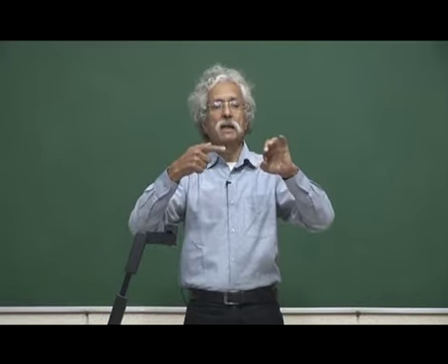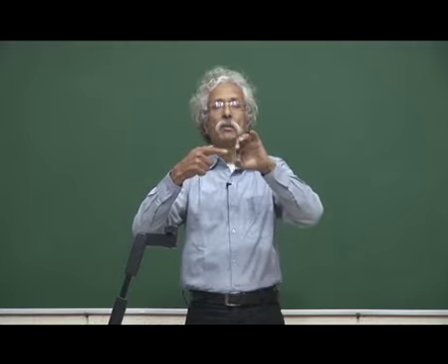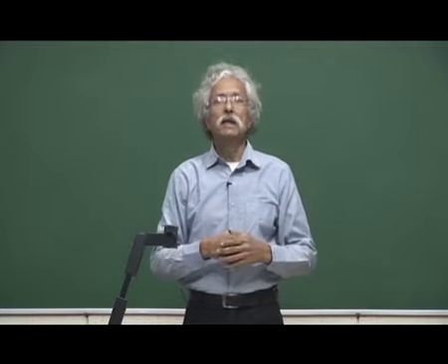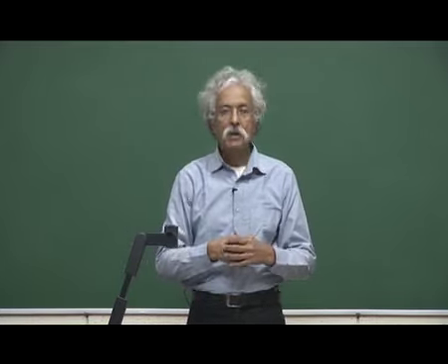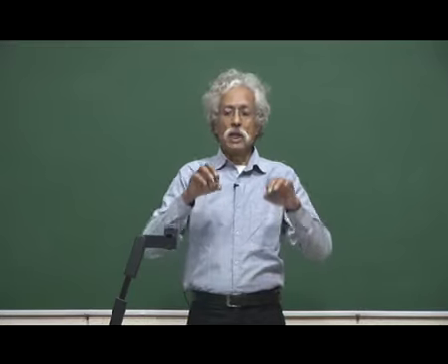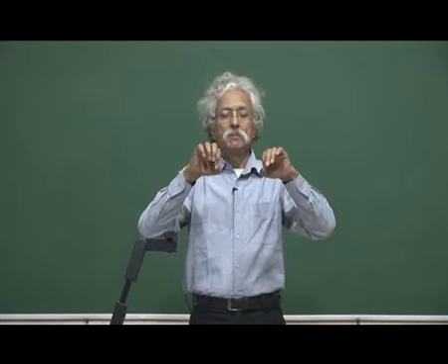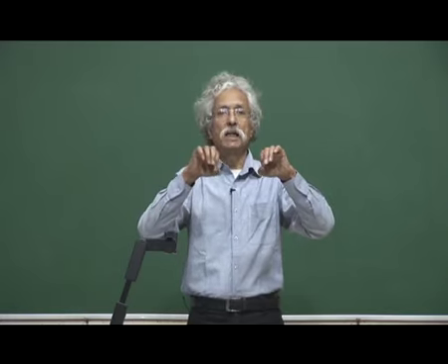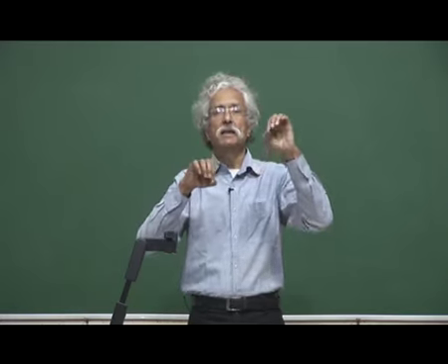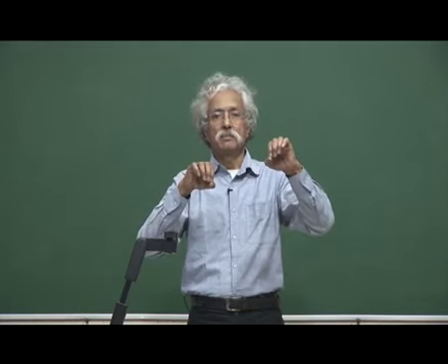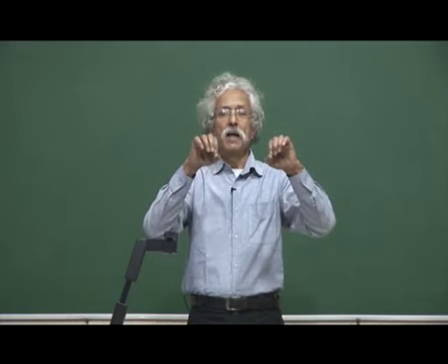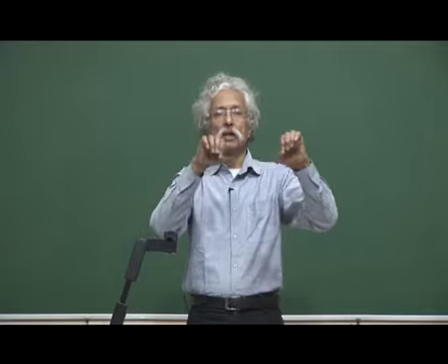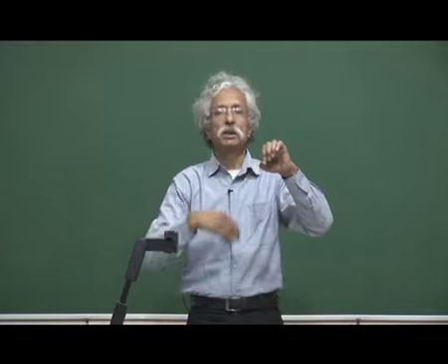Similarly, if I fix the magnet and move the coil towards or away from the magnet, there is again an induced current in the coil. We also saw that if I have two coils, and in one of the coils I pass a time varying current, then when the current is varying, there is an induced current in the second coil. Similarly, when I move this coil carrying a current in front of the other coil, there is a current which is induced in this coil.